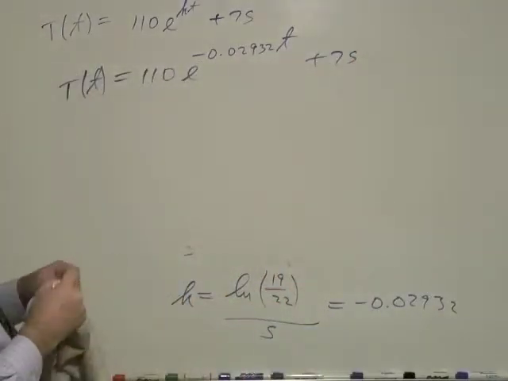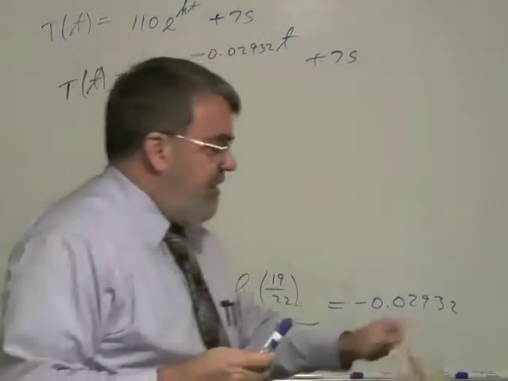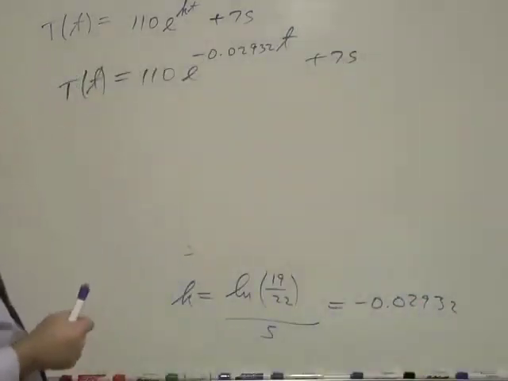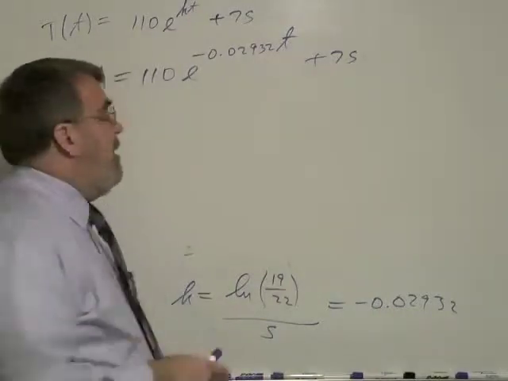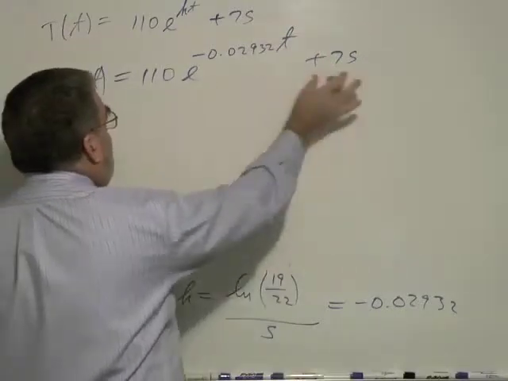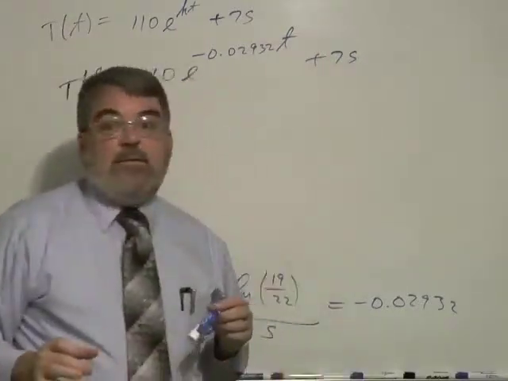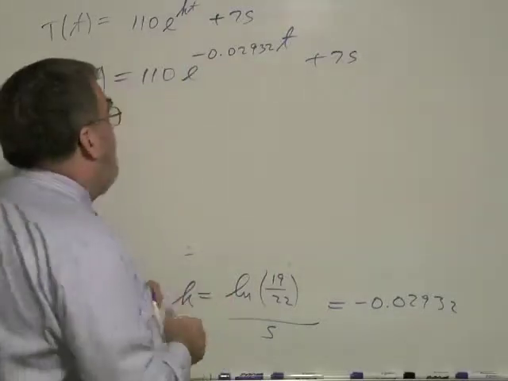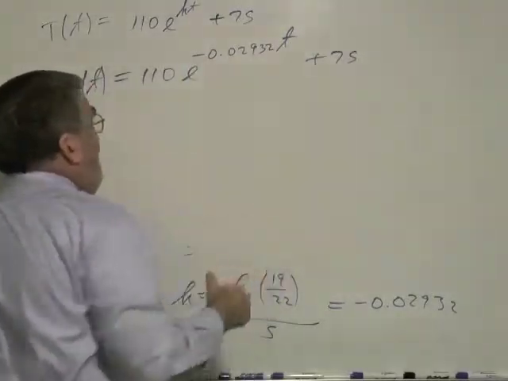Now let's take a moment and look at that. What does that function look like? As t goes to infinity, this term here will continue to shrink down to 0, which means that at infinity, the temperature of the turkey is going to be 75 degrees, same as the surrounding temperature. So this term here is an exponential decay.